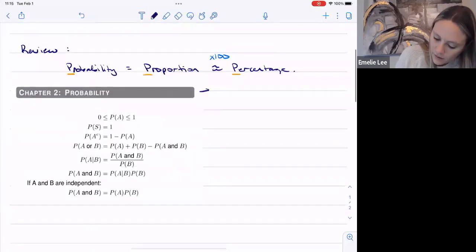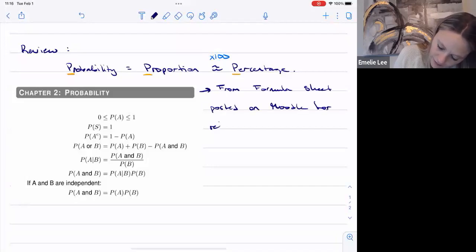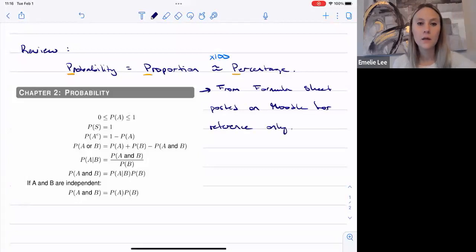This is from the formula sheet posted on Moodle, for reference only. You can build your own formula sheet. I would encourage you to build it around this formula sheet, but if you have your own flow, then that's great.